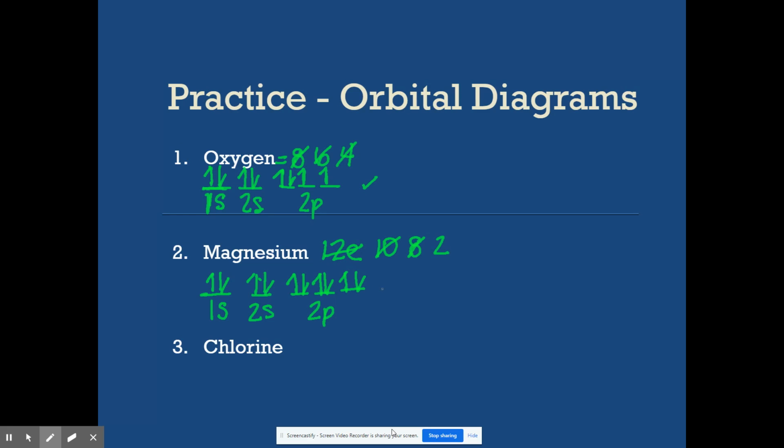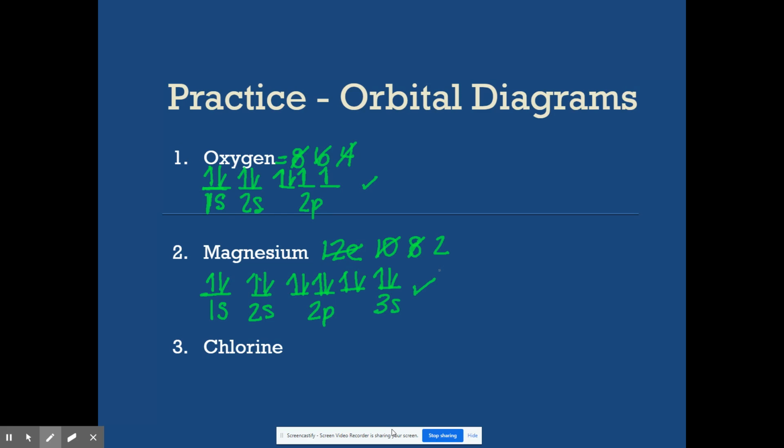After 2p, my next arrow tells me 3s goes up, then down. Okay. Make sure these are in the right order. Following your arrows. 1s, 2s, 2p, 3s. And then count up to 12 electrons. 1, 2, 3, 4, 5, 6, 7, 8, 9, 10, 11, 12.